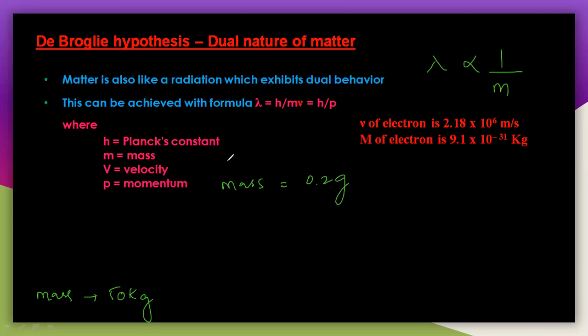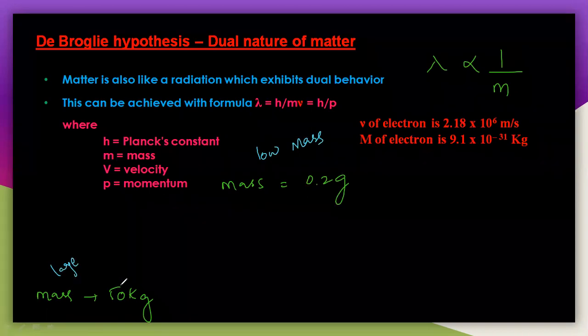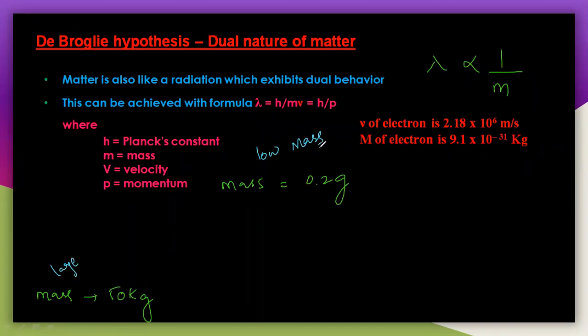The mass here is very low, but here it is a very large mass. So very low mass means definitely it should be high lambda, because it is an inverse relation, as given by de Broglie. Again, if the mass is very high, then it must be low lambda.